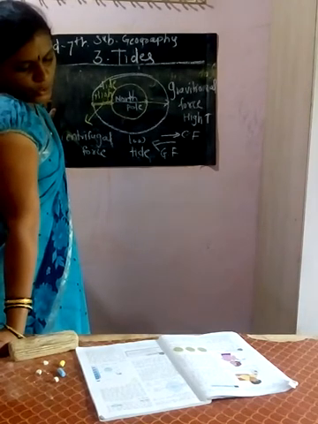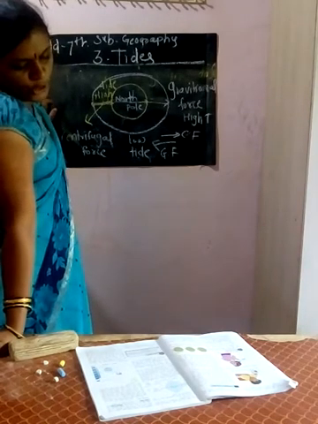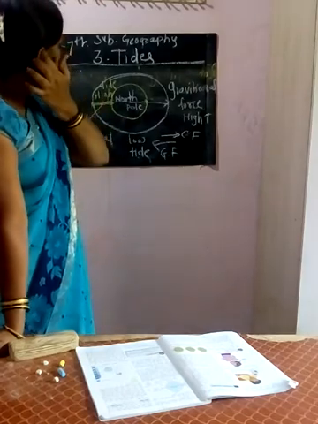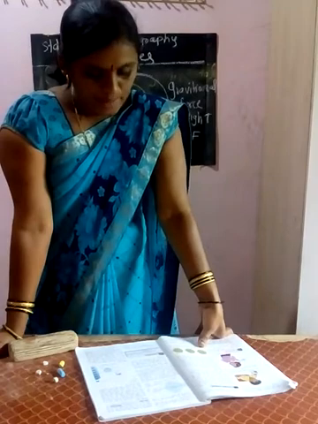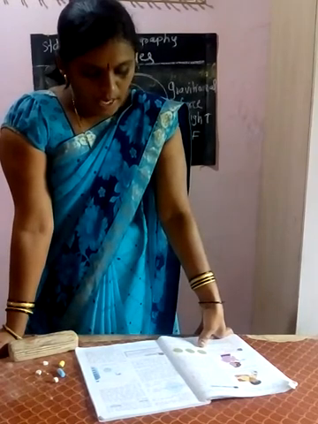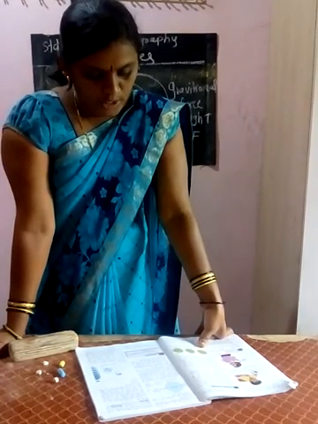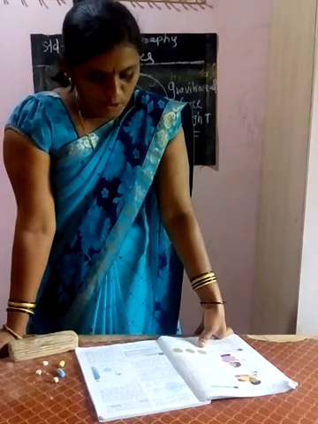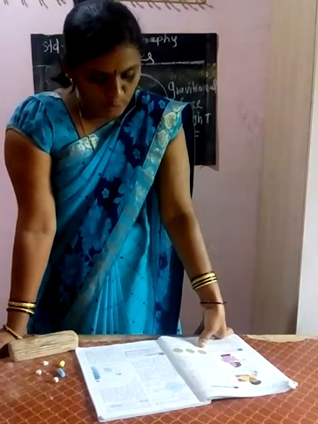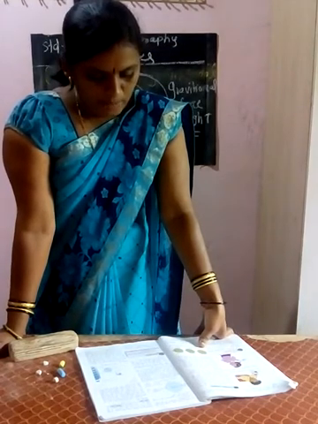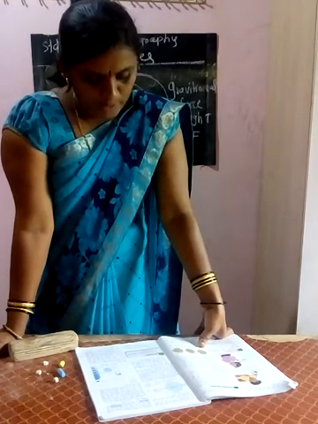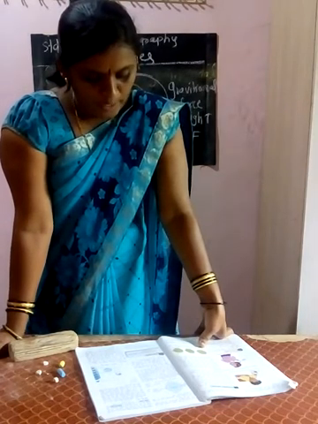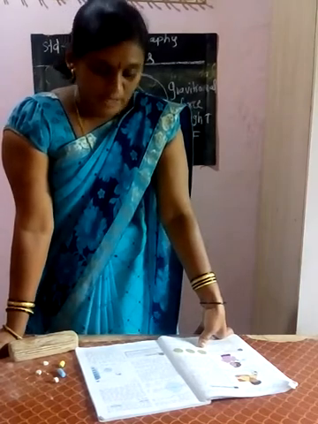Tides occur due to the relative position of the moon, the sun and the earth. The place on the earth located at the opposite point of the places experiencing high or low tide also experiences high or low tides respectively at the same time.